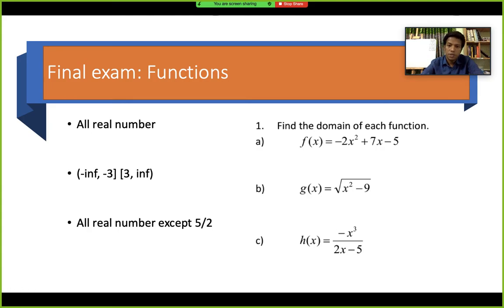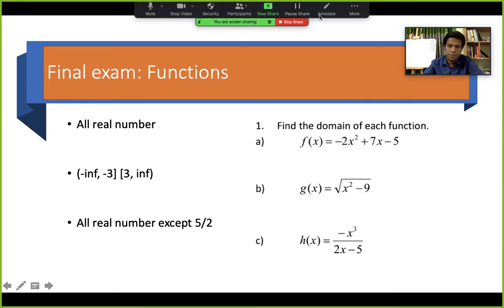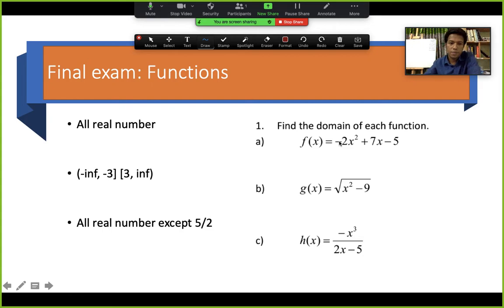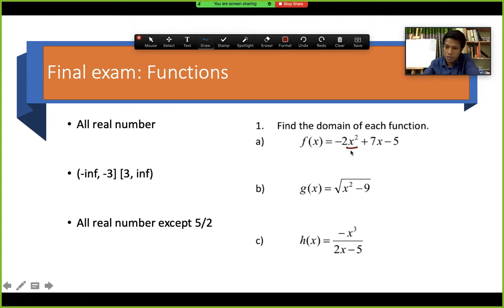First question is find the domain of each function. Now you can see this function is simply a quadratic function. And as you know, for all quadratic functions, if it is up opening or down opening, no matter what, suppose the quadratic function is like this or like this, it doesn't matter. Always the domain is all real numbers.